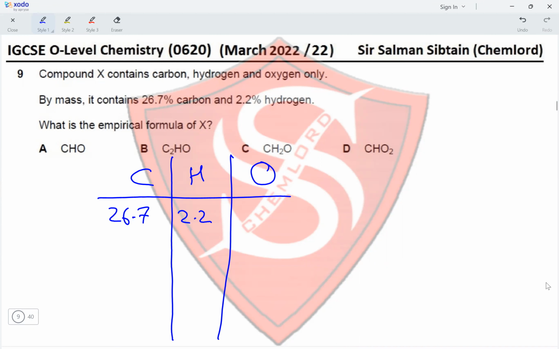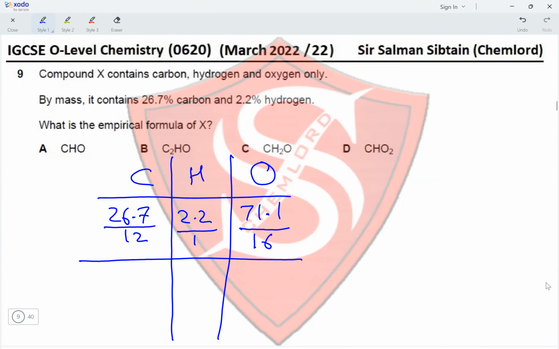Now we will calculate the percentage of oxygen, which would be 100% minus 26.7 and also minus 2.2. We will end up with 71.1. The next step would be to divide each of these percentages by the Ar of the element. So we would divide 26.7 by 12, 2.2 by 1, and 71.1 by 16.